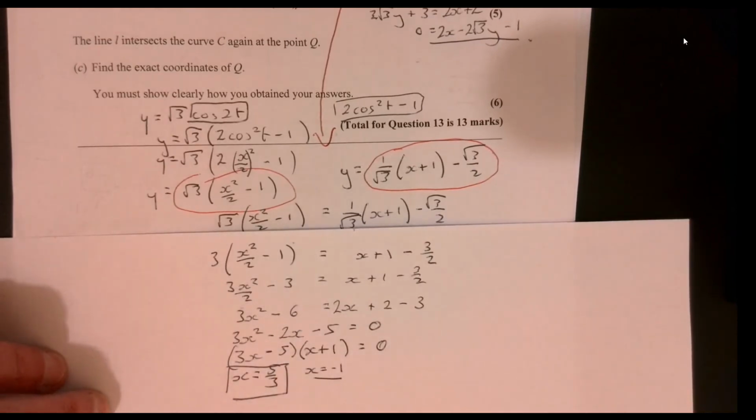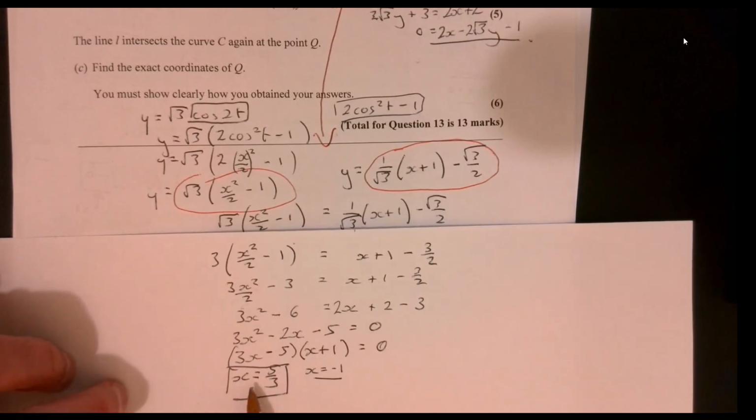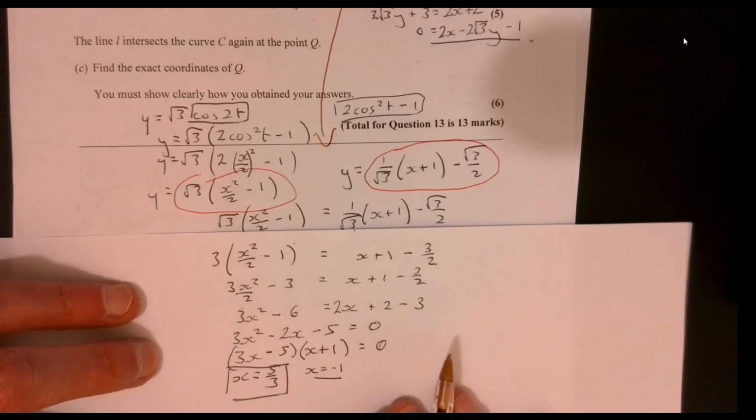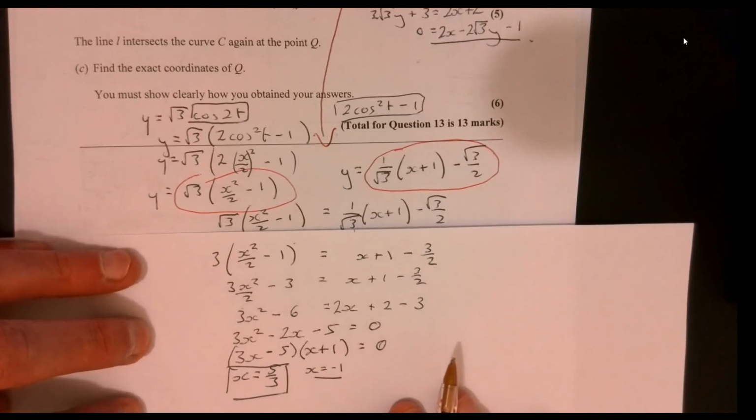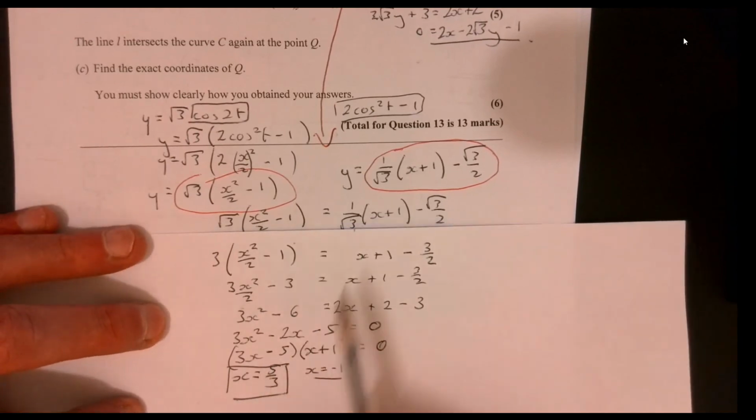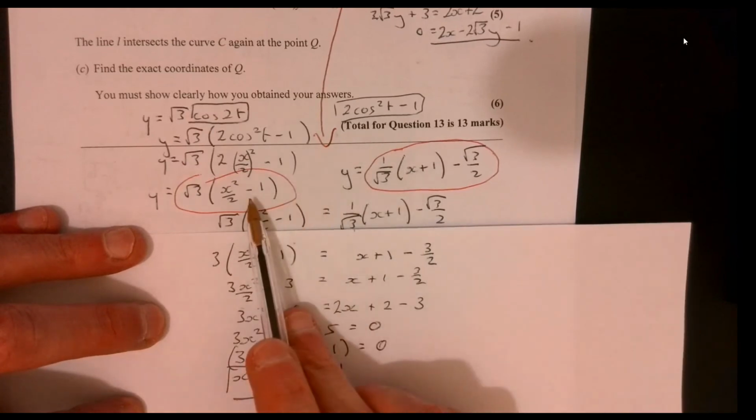Now we need to give the coordinates, so we need to take x equals 5 over 3, and if we sub it back in, remember, to one of these guys up here, and then we should find out.